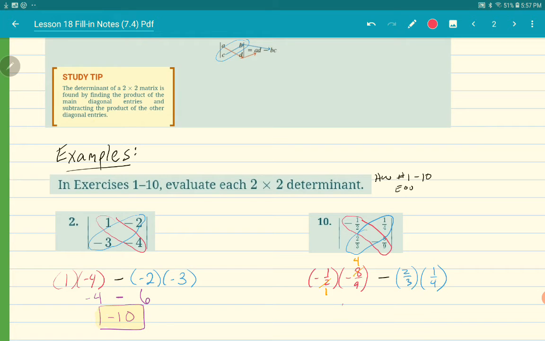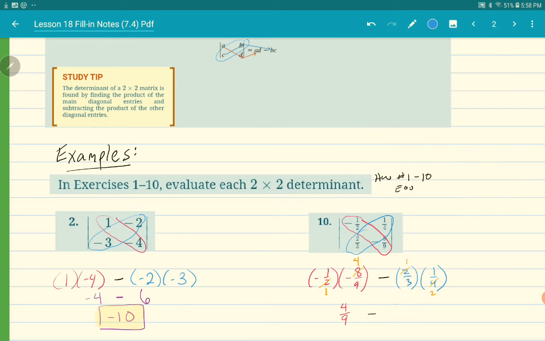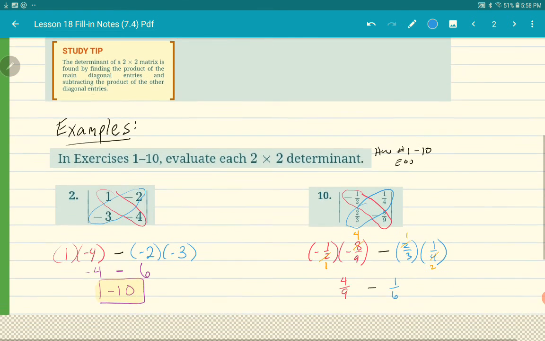So that's a positive 4/9. And then my next term, the blue one, I have a common 2. So I can cancel those, and I get a 1 and a 2, and now I have 1/3 times 1/2, which gives me 1/6.